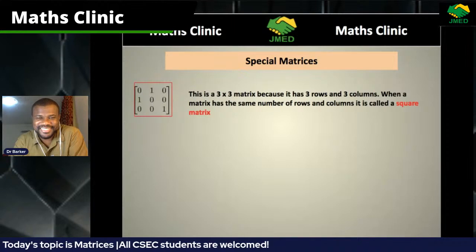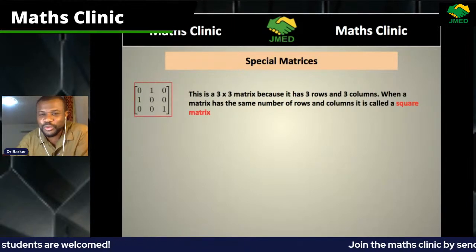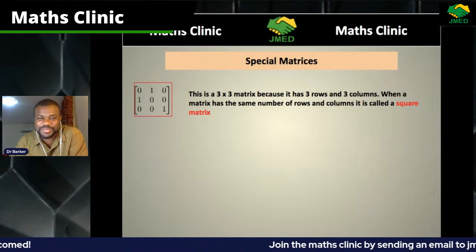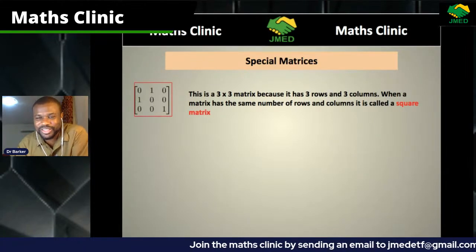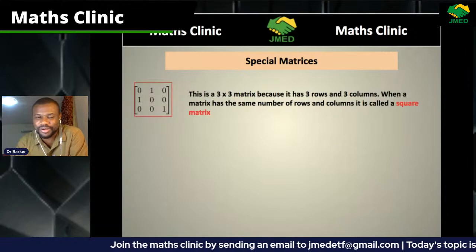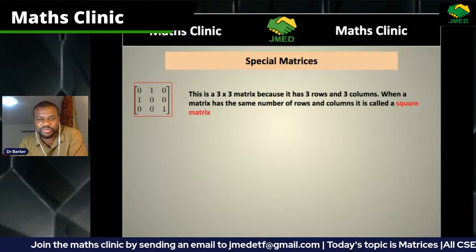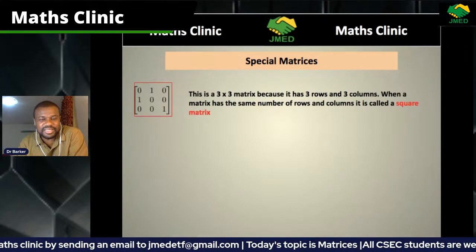It would be one number, but it would be a 1 row by 1 column matrix. Actually, it's possible to have a matrix with 1 row and 1 column, but it's not one of the ones that we would look at. So that would be your unit matrix in that sense.